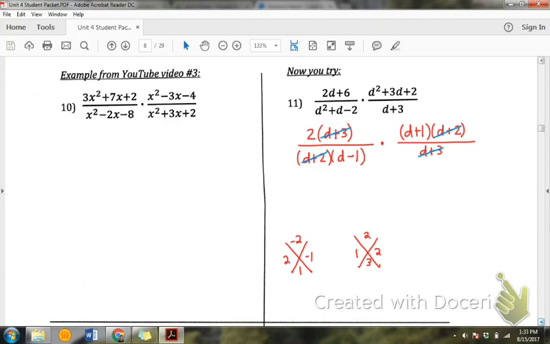There is nothing else to cancel, right? You cannot cancel D plus 1 and D minus 1 because they're not the same thing. So in the numerator, I'm left with a 2 and the D plus 1. So I'm going to write that once. 2 times D plus 1. And in the denominator, I'm left with a D minus 1.